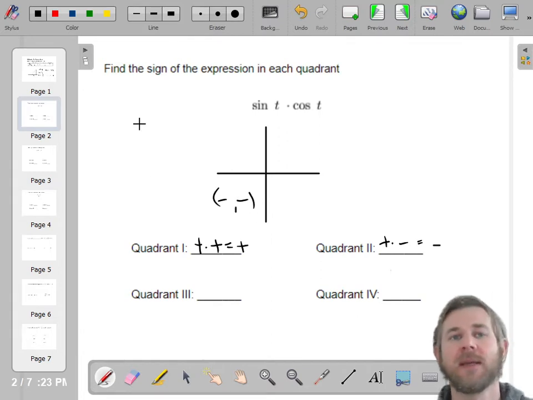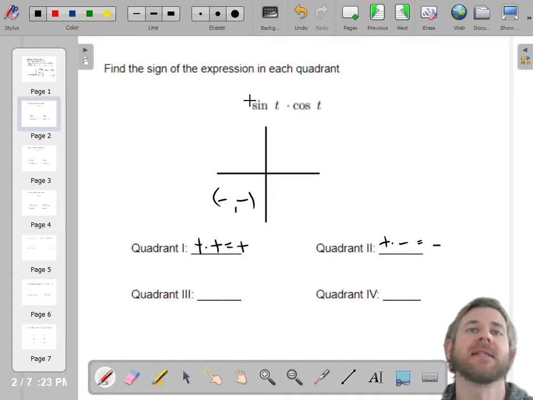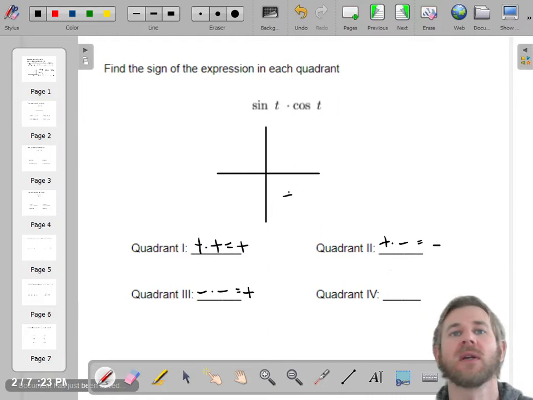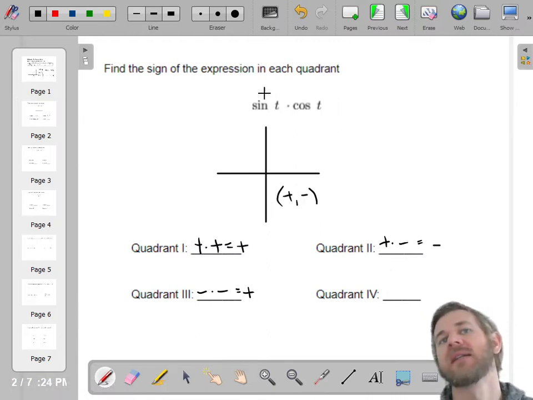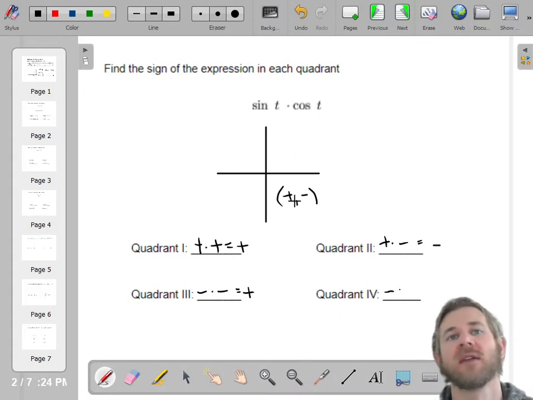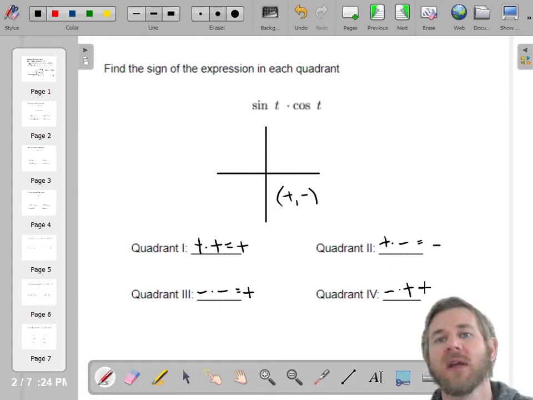In quadrant 3, you could say sine is negative and cosine is negative, and a negative times a negative would give you a positive. Last one, quadrant 4. In quadrant 4, x is positive, y is negative. So if I say what's the sine in quadrant 4, the sine will always be a negative number. The cosine in quadrant 4 will always be a positive number, and their product, a negative times positive, would give you a negative.